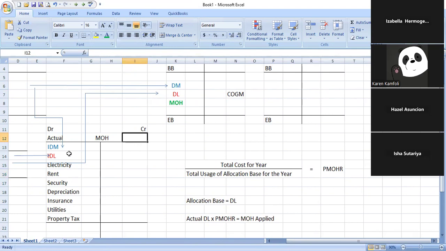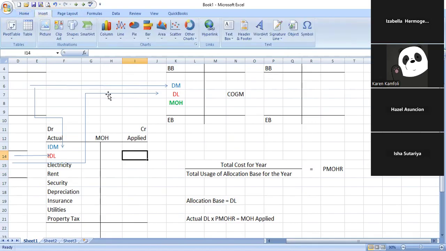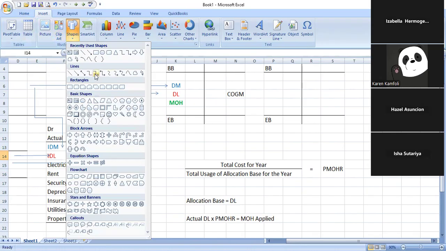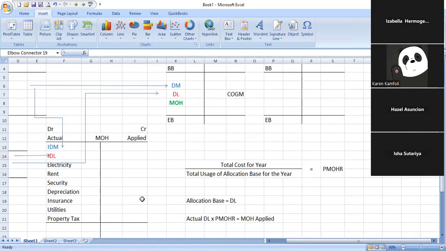So again, in here, for the manufacturing overhead, on one side we're going to have actual. On the other side, we're going to have applied. And once I have the applied, I can apply the manufacturing overhead, and I can use it for my calculation to come up with the cost of my product.